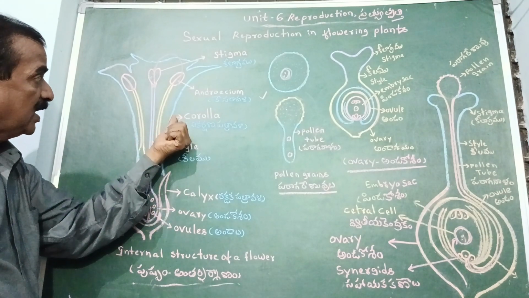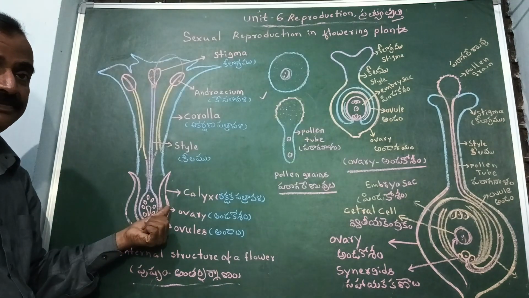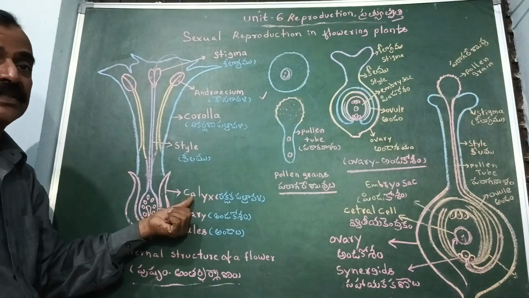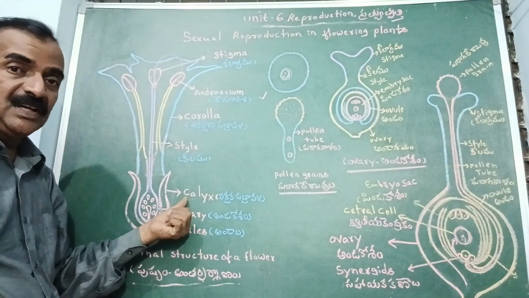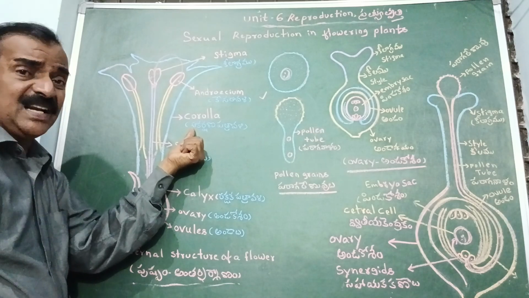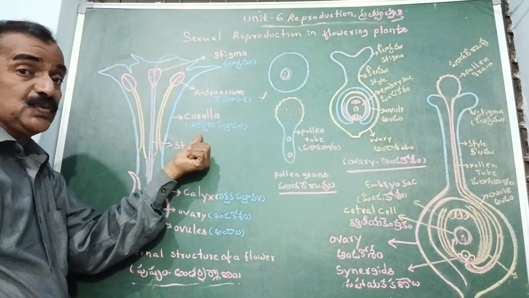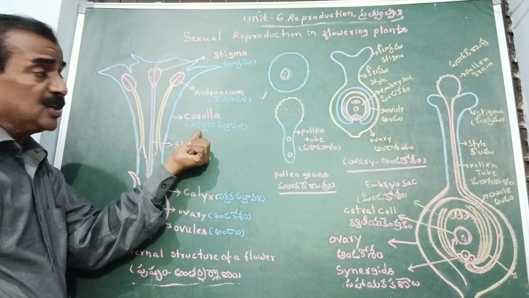The calyx is green in color, also called sepals, and it protects the flower in bud condition. The corolla is brightly colored, also called petals, and it is useful to attract insects, thereby helping in cross pollination.